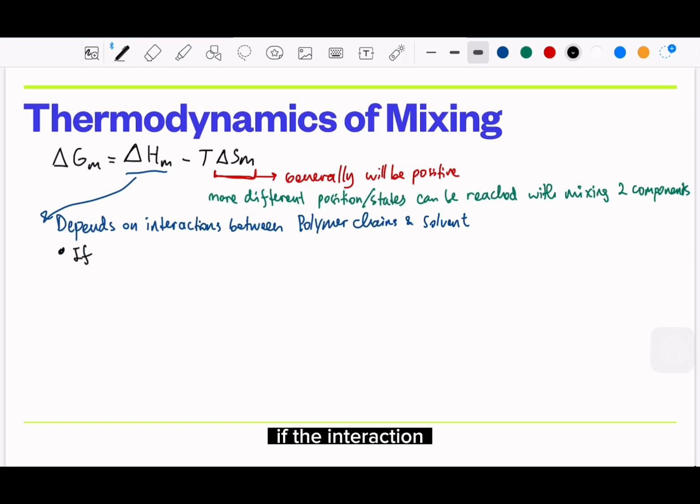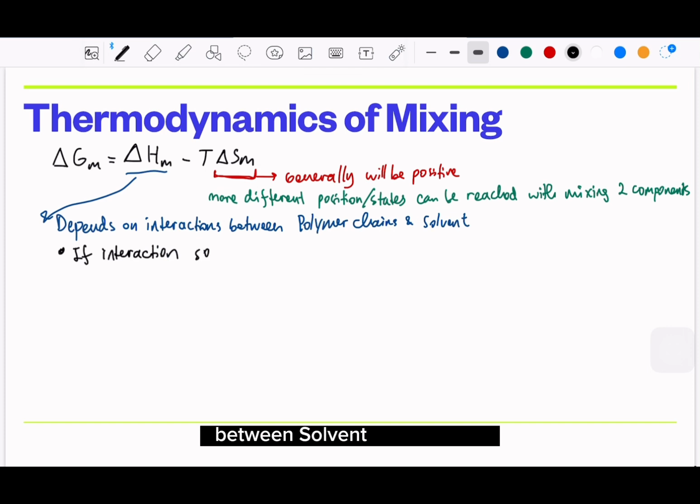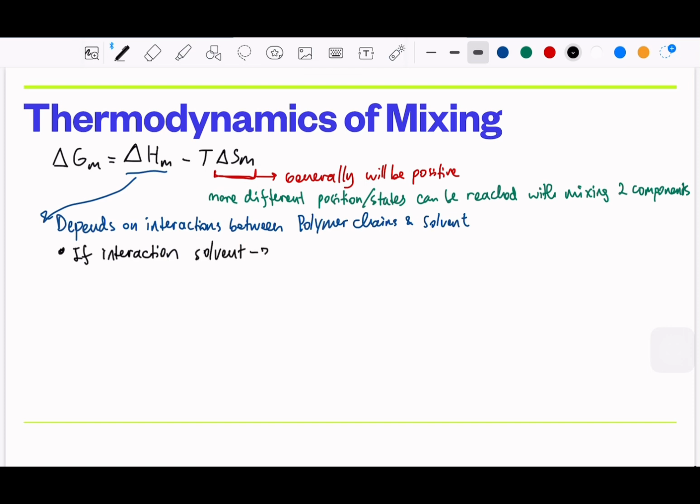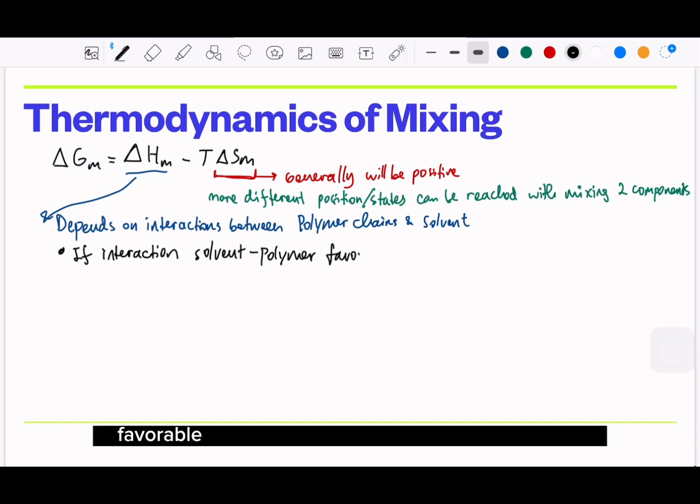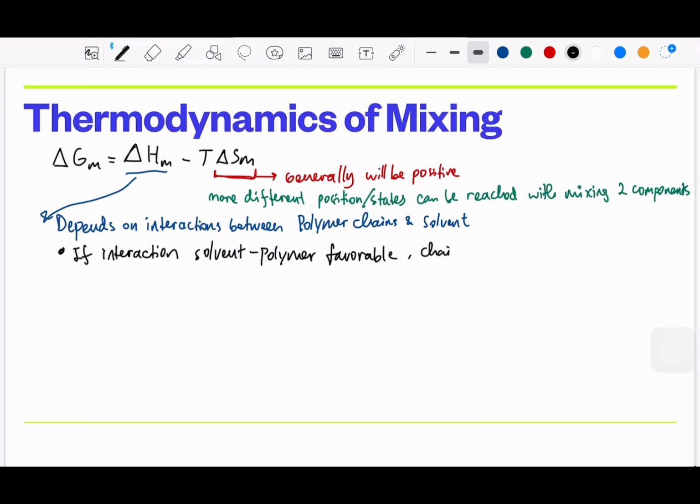If the interaction between solvent and polymer is favorable, or they are likely to interact, then the chain will be surrounded by solvent.